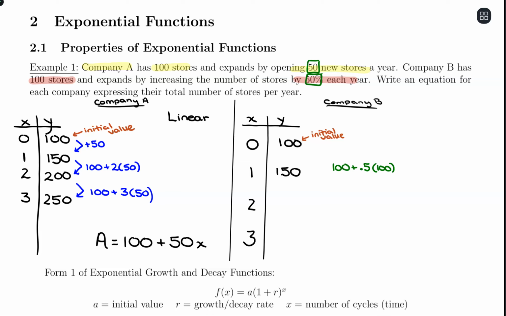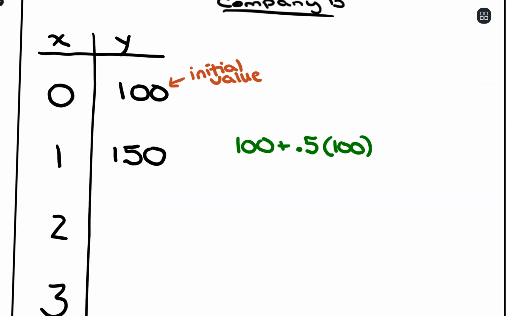What I wrote here with this 100 plus 0.5 times 100, I can shorten that notation, and it's like I have 1 times 100 plus 0.5 times 100. Like if we had 1x plus 0.5x, I could combine that to be 1.5 times x.